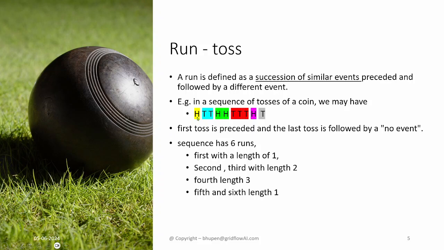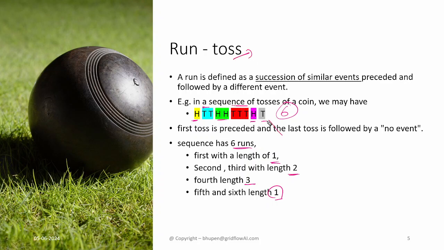For example, here, starting with heads, this is one run, this is one run, another run, another run, another run, and a total of 6 runs here. The first one is of length 1, the second of length 2, then 3, and 1. And this is how typically the data looks when you toss a coin.